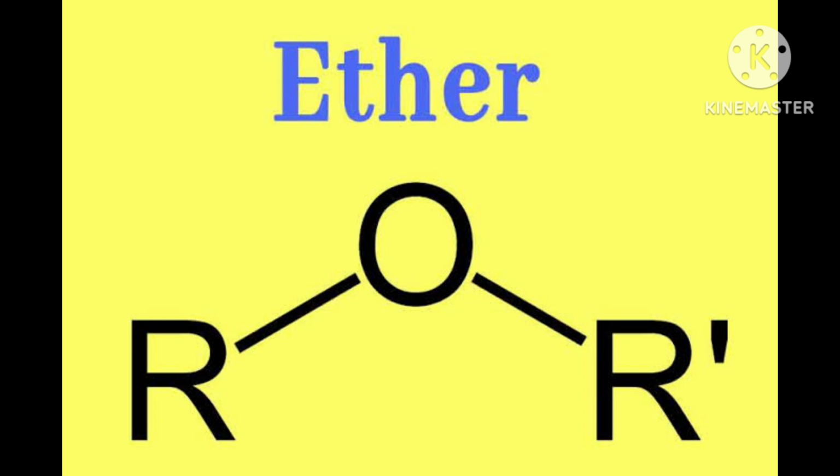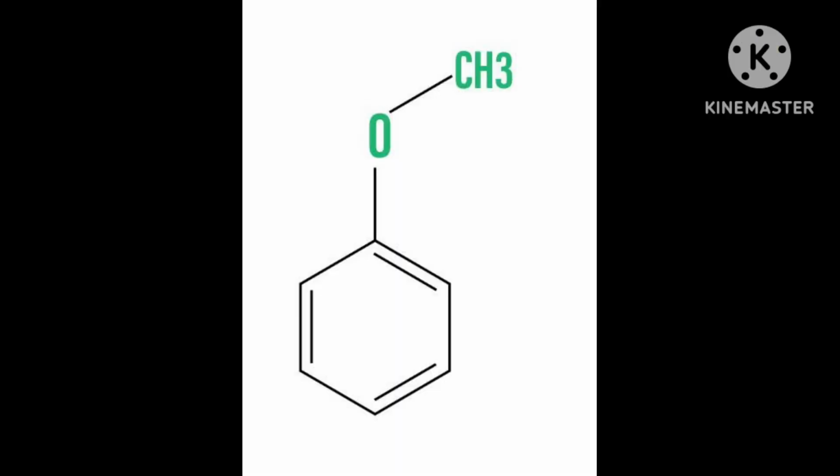The miscibility of ethers with water resembles those of alcohols of the same molecular mass. Both ethoxyethane and butan-1-ol are miscible to almost the same extent, that is 7.5 and 9 gram per 100 ml.